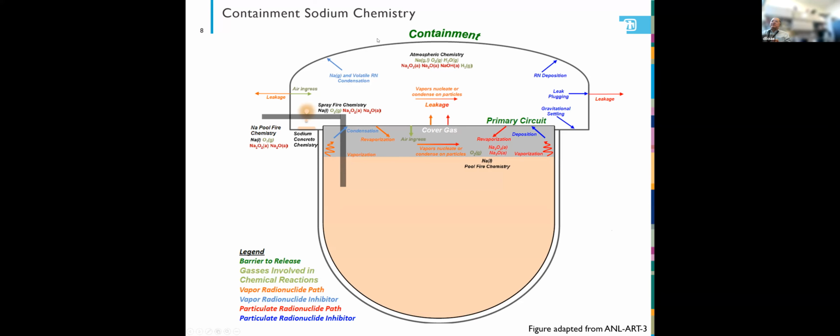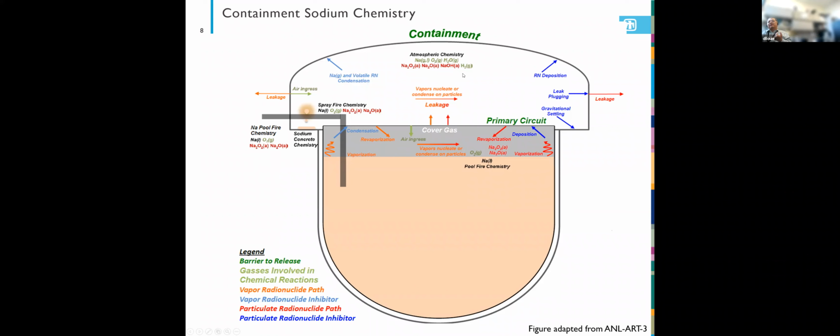The sodium chemistry is showing the reactants like sodium, either in droplet form or gas form, depending on the state of the atmosphere, and then the oxygen, of course, and then the moisture in the air. So you can react, forming all the sodium byproducts, and then sodium hydroxide.